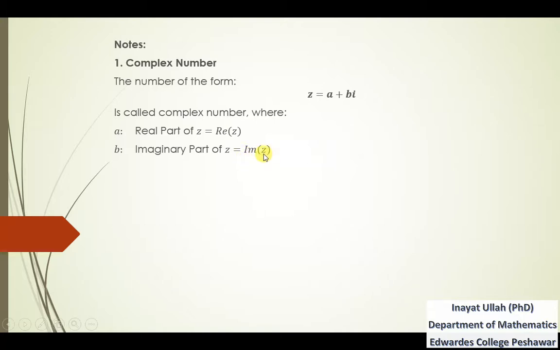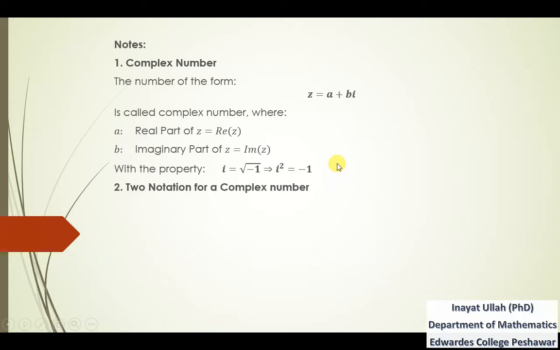Im of z means imaginary part of z, with the property that iota is equal to the square root of -1. Squaring both sides, we get iota square is equal to -1. Along with this property, the number a plus b iota is called a complex number.